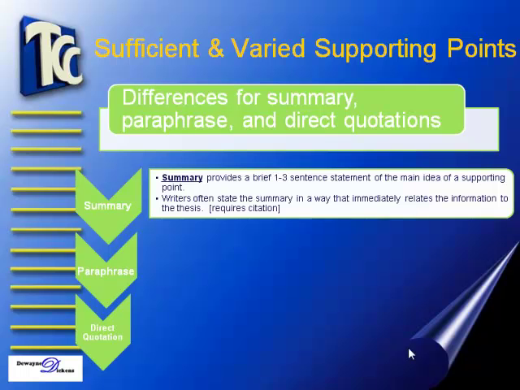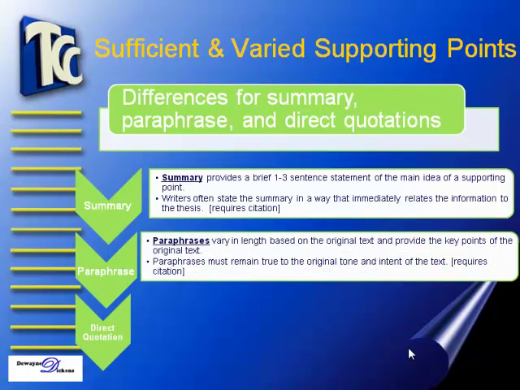So when you provide that summary, you're also going to typically tie it in the PIE method to the P part of the PIE. You're going to provide some context for how it fits in with your information related to your thesis or topic sentence.